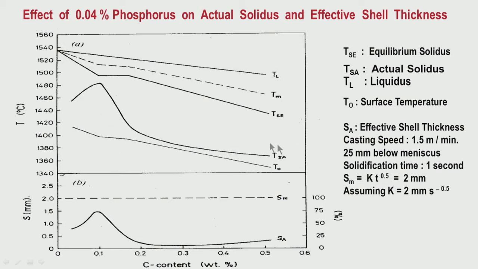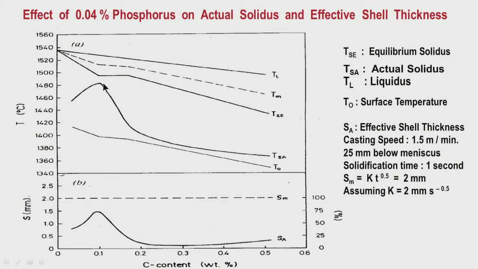The actual solidus, as I have told you, also depends on the mode of solidification. As you are going from delta to gamma mode of solidification, that means when you are going to more carbon, where you have the austenitic mode of solidification, you will find that the effect of microsegregation is quite high. Look at this figure, TSA. Because of microsegregation, the equilibrium solidus is coming down.